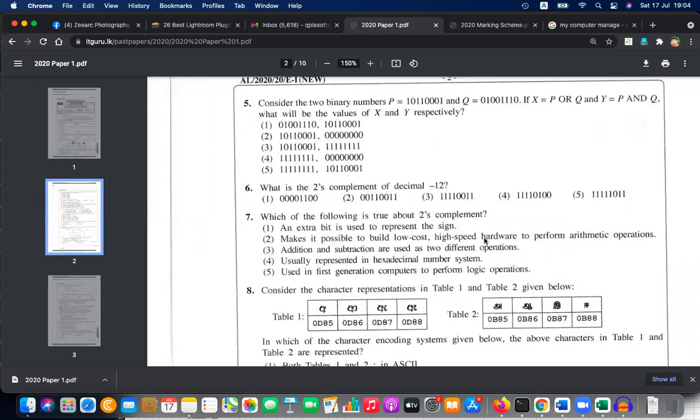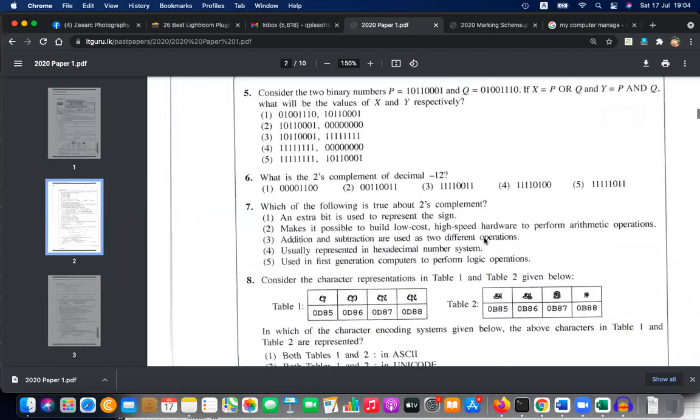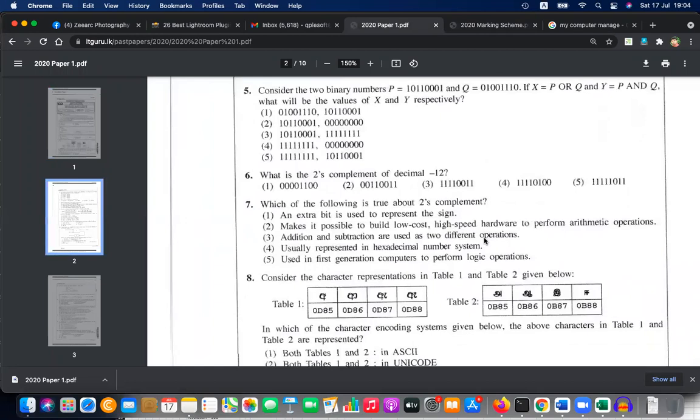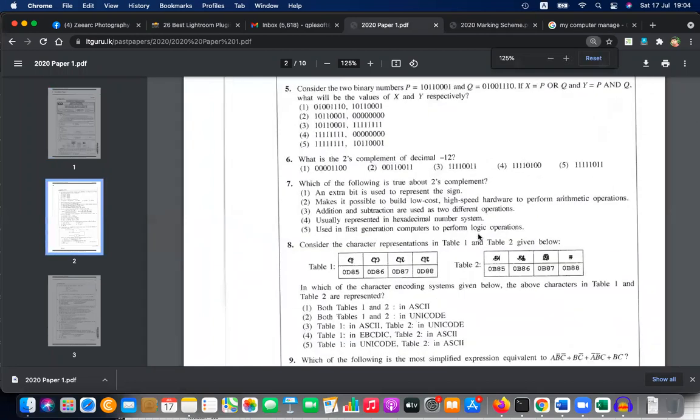Anyone can answer questions 5, 6, 7, and 8, because we have already discussed the lesson on number systems and character representation. I said at that time that this will carry at least 5 marks, and in addition you'll get some marks in the second paper and the structured paper also.